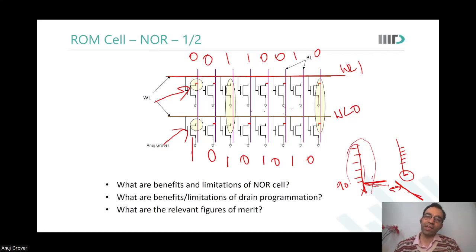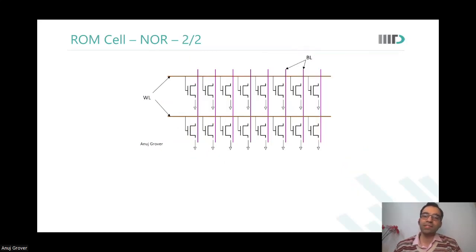If we want to avoid that, the same NOR cell, we program it differently now. What we say is all the NMOSes are now connected to the bit line. What do I program? I program the connection to the ground. So I am connecting some to the ground, others there is no current path.